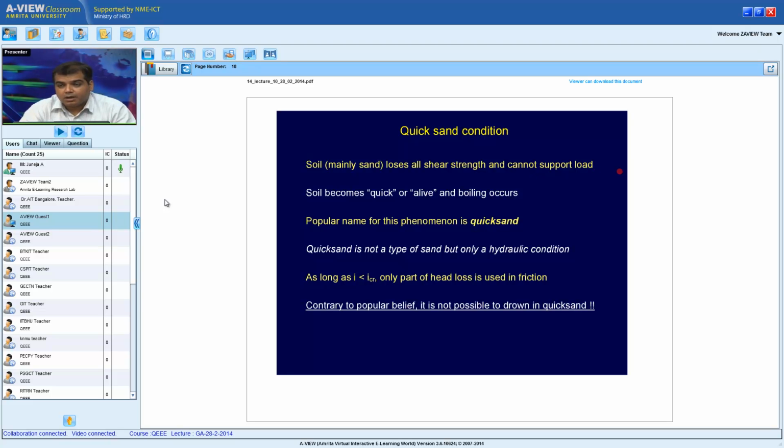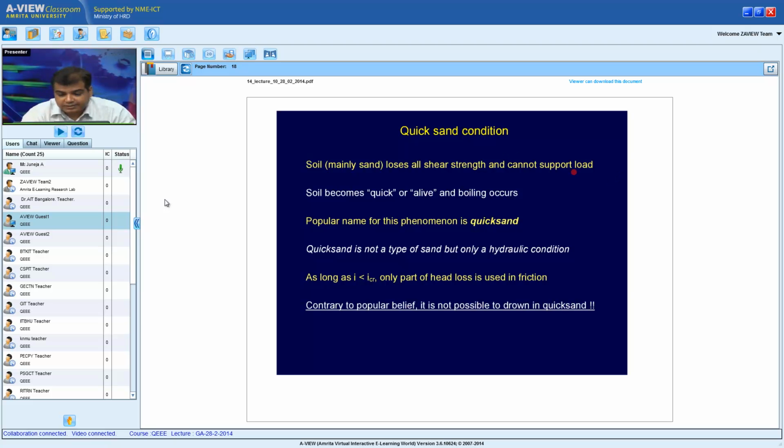If you look at the section on shear strength, the strength of soil depends on two components, the cohesion component and the effective stress component. For sands, in particular, the cohesion component is taken to be 0, so the strength of soil only depends on the effective stress. And we said effective stress has become 0.